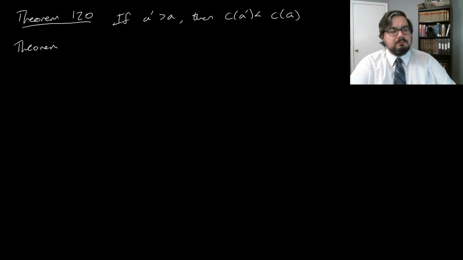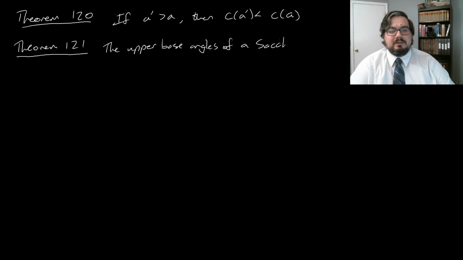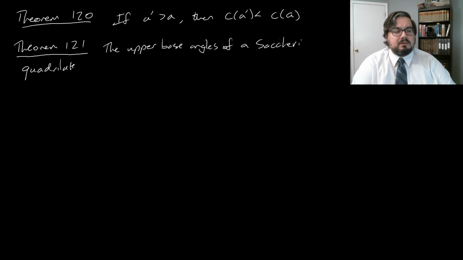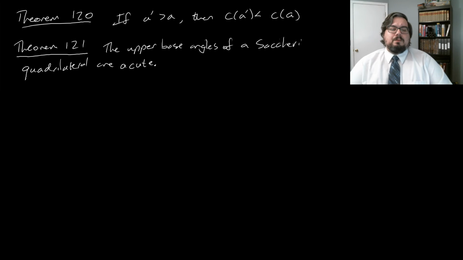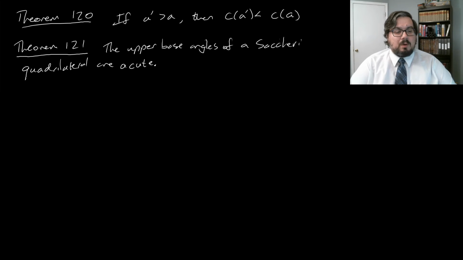Similarly, we can get from the exterior angle theorem, Theorem 121, which says that the upper base angles of a Saccheri quadrilateral are acute. Now, we have already seen that the upper base angles of a Saccheri quadrilateral cannot be obtuse.